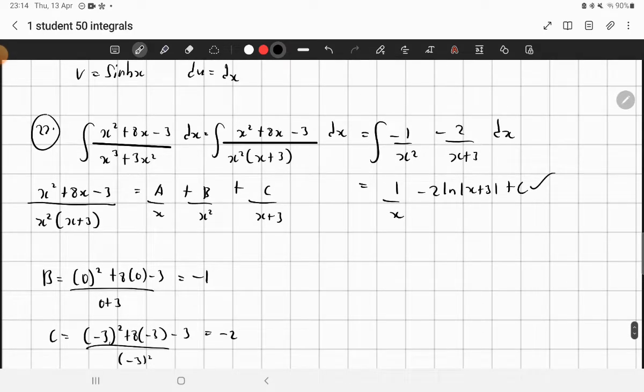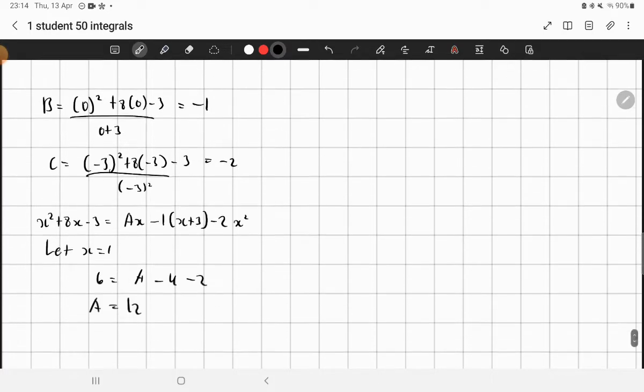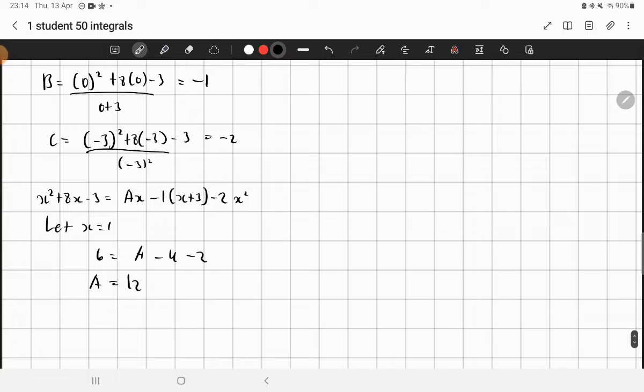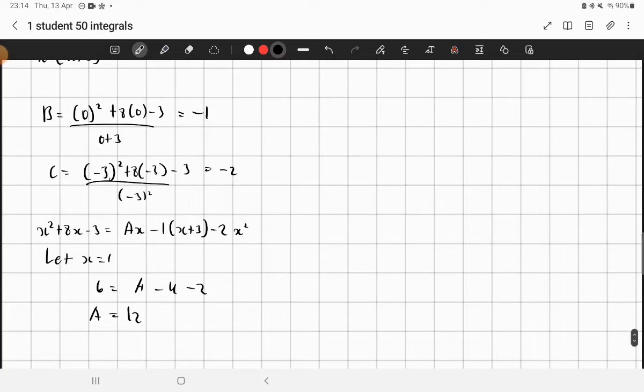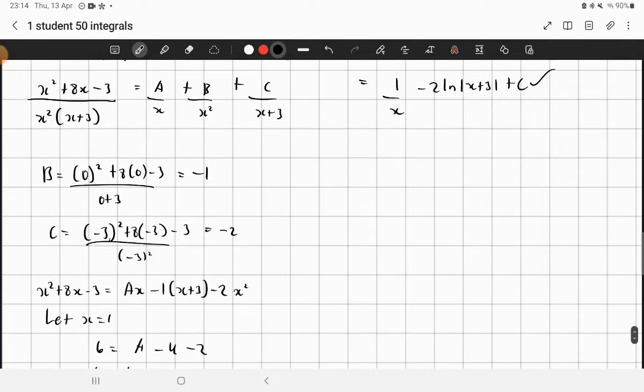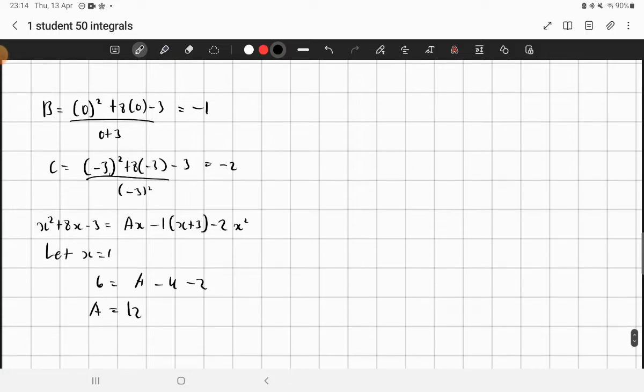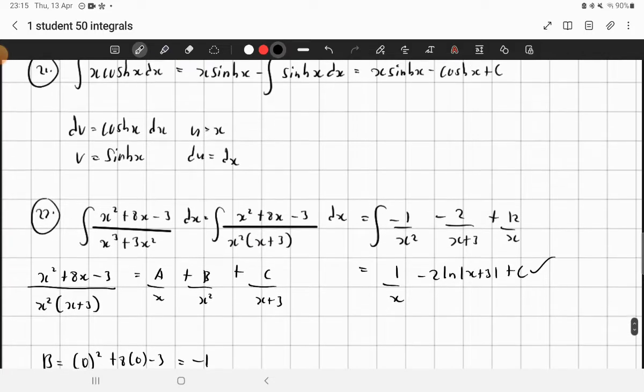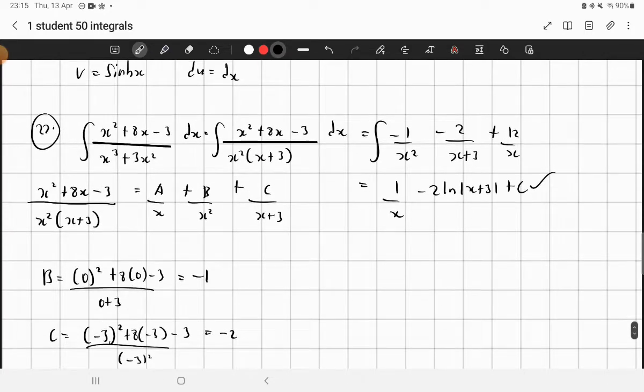So I'm going to add 12 over x. And wait, 12 over x? 9 minus 3 will be 6. -4, -6. A is equal to 12. Wait, what? A is equal to 12.